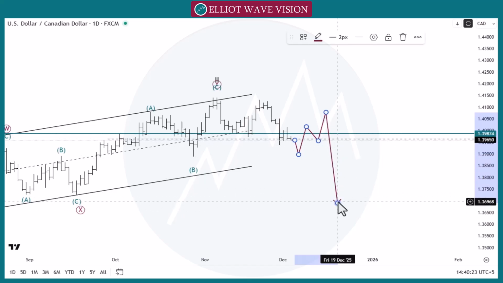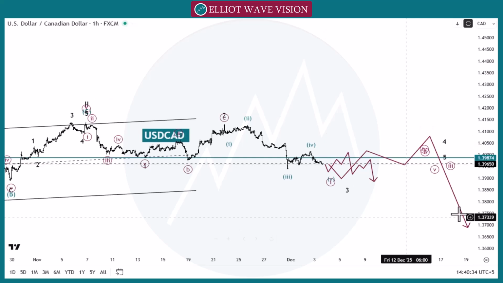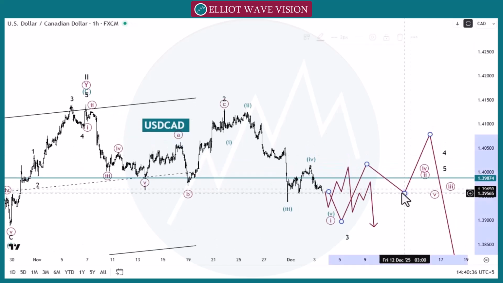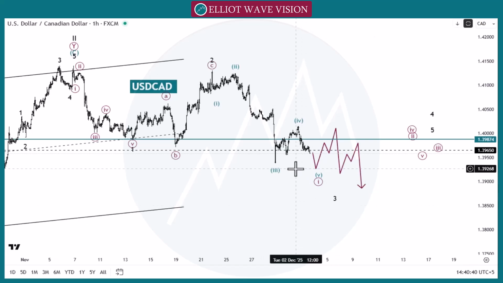In lower time frame or intraday setup we need to wait again for the classic trading level pattern. So at this point again we need to wait for the pattern below this 1.40.